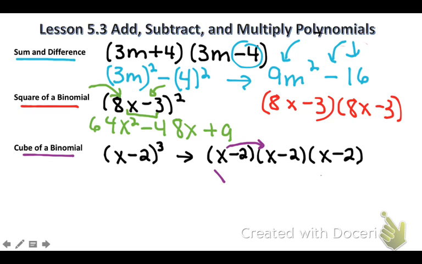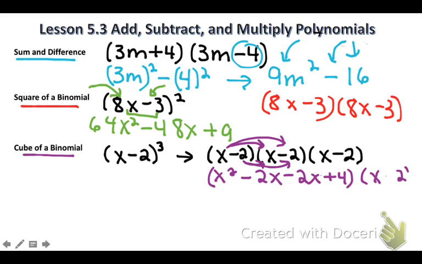We end up getting x squared minus 2x minus 2x plus 4, and then we'll bring down the x minus 2. Combine our like terms in the first parenthesis, x squared minus 4x plus 4 times x minus 2.